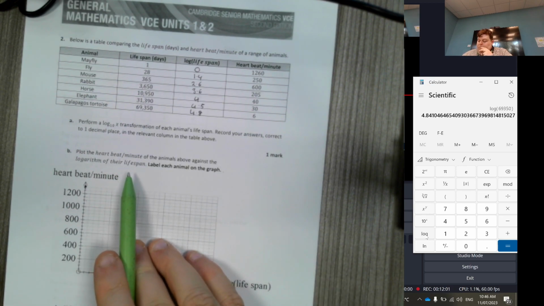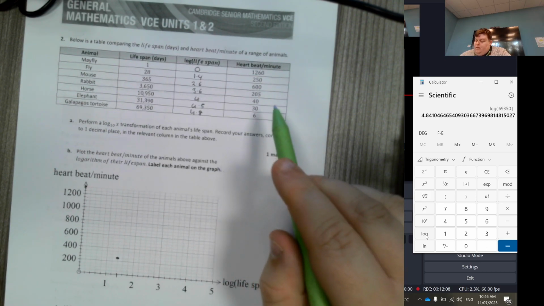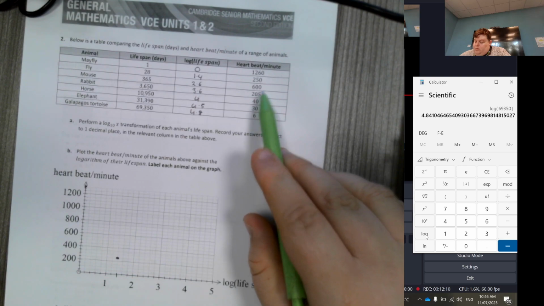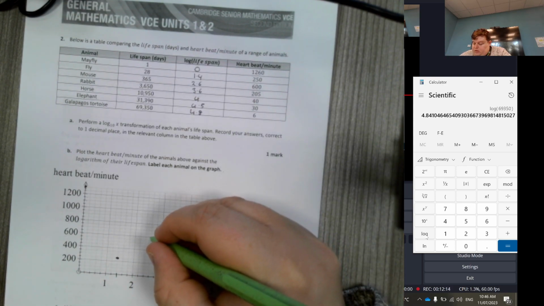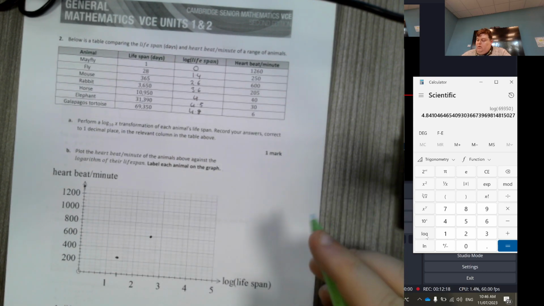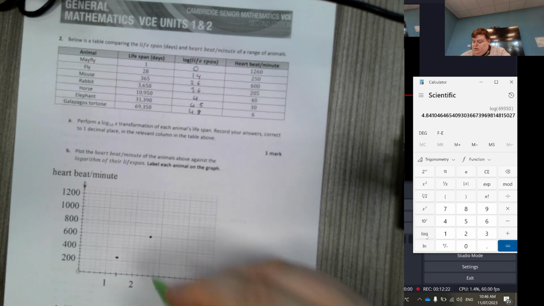On the heartbeat per minute as against the logarithm of their lifespan. Yeah, okay. 2.6 and 600. 3.6 and 205.